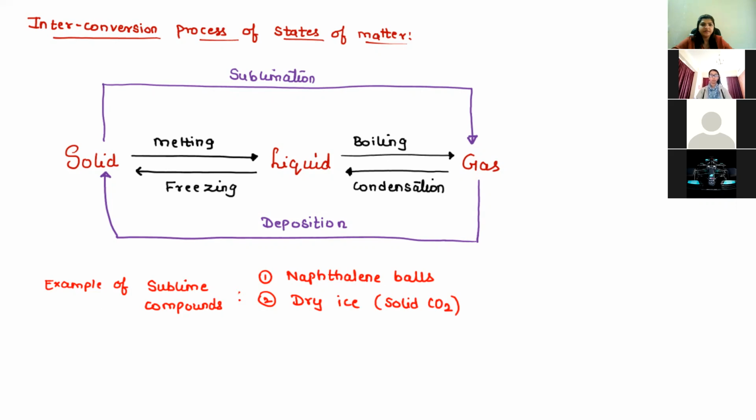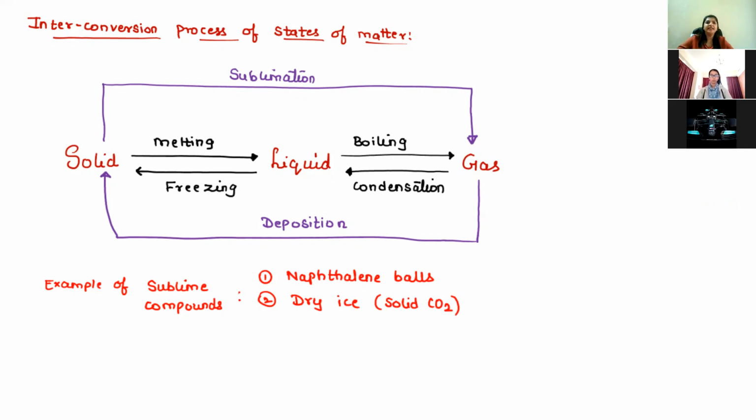Yes, ma'am. Can you tell me any other example? Ma'am, I don't know. Okay, so another example, the third one, is iodine crystals. And the fourth example is camphor. So these are some examples of sublime compounds: naphthalene balls, dry ice, iodine crystals, camphor.